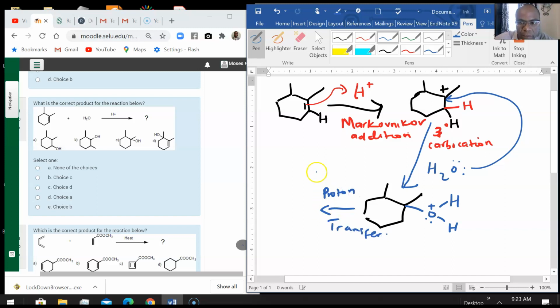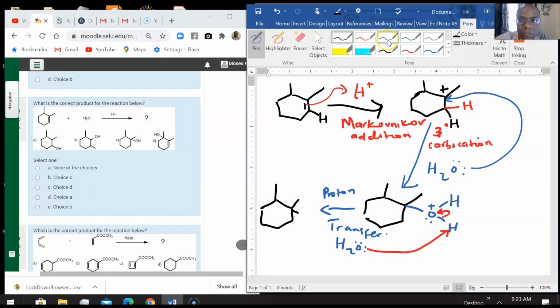Organic molecules don't like to be charged, so another molecule of water is going to be used to steal a hydrogen from this positively charged oxygen, transferring the hydrogen to the water itself. So it's proton transfer. The final product will be an OH sitting on the carbon structure. So this will be the final structure after Markovnikov addition.